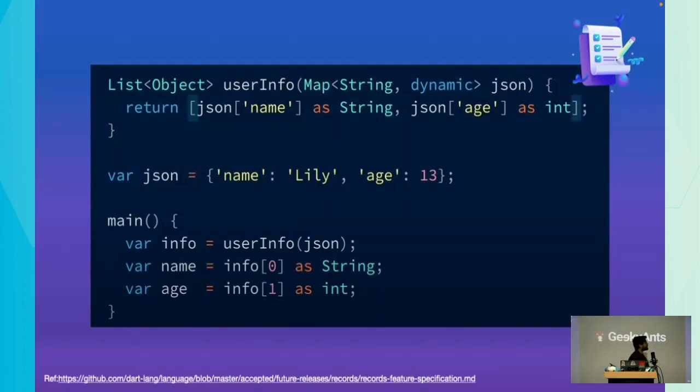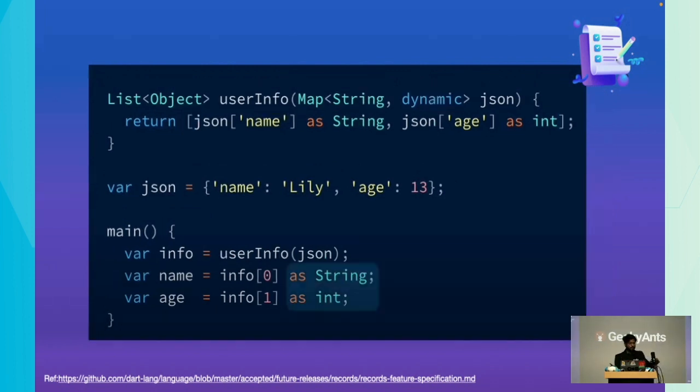Now look at this code. Simple Dart code, right? You have a list of objects as the return type of a function, userInfo. You will pass your JSON and it will give you a map, right? But here is an issue. As soon as you go down here to get the information from the list that you passed from the function userInfo, you lose your type, right?